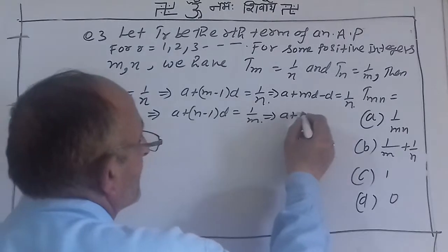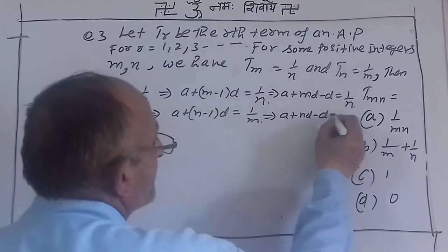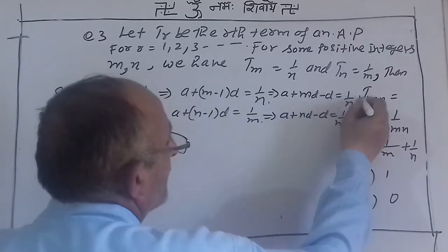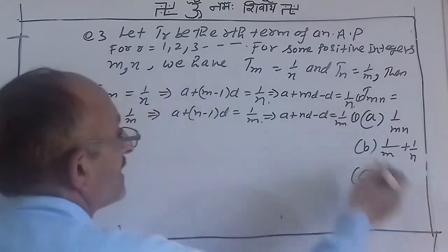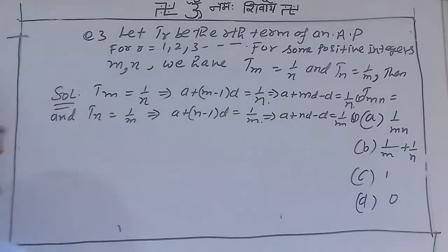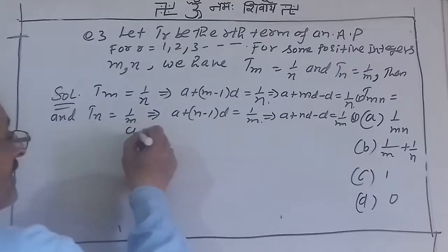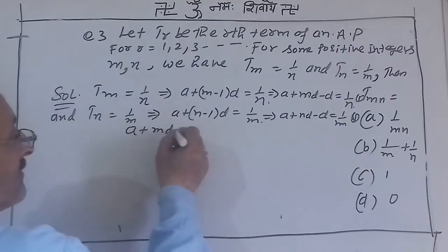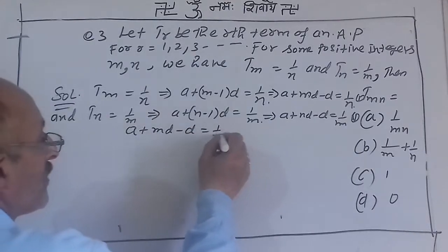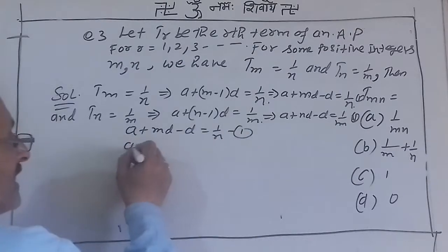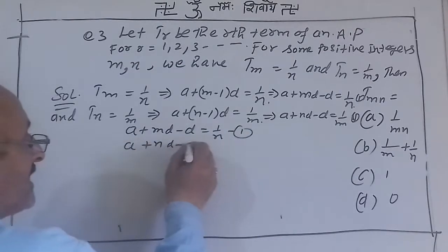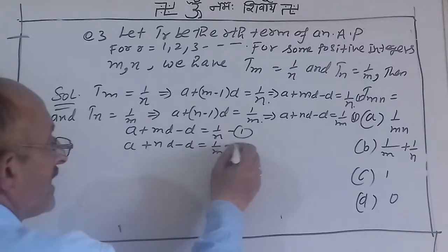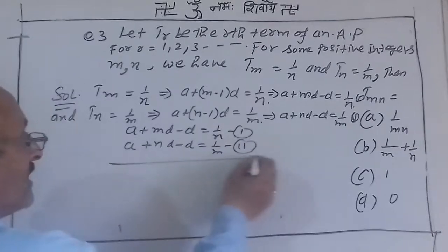This implies a plus nd minus d is equal to 1 by m. A plus md minus d is equal to 1 upon n is your first equation, and a plus nd minus d is equal to 1 upon m is your second equation.